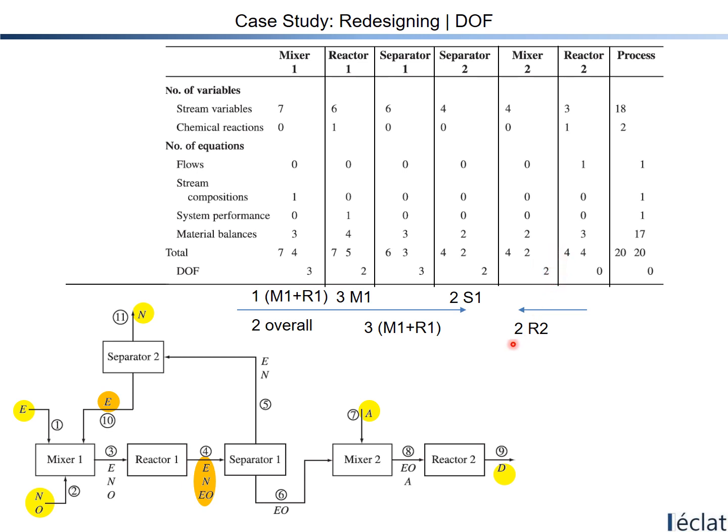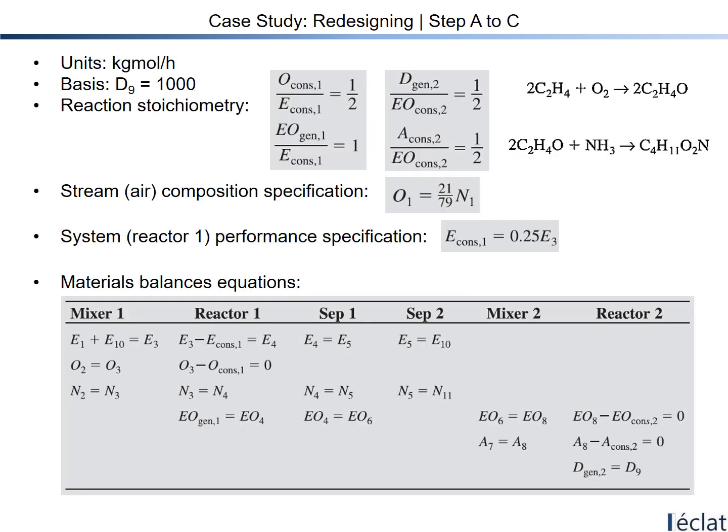So 2 minus 2 is 0. Then you will have all variable values. This is the list of the equations. Then you can use those equations and material balance equations. Then you can solve the problems. Do it by yourself.